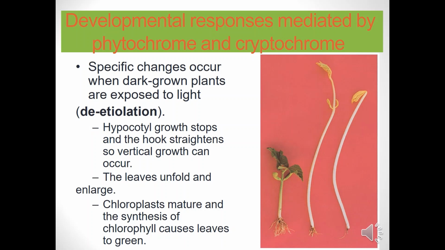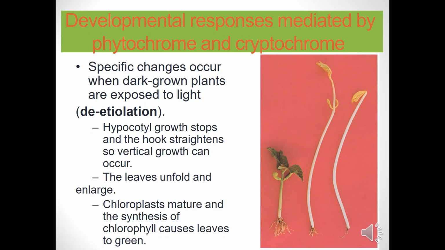So we can see specific changes that occur to that etiolated plant. The changes occur in the hypocotyl growth, which will be stopped, and vertical growth can occur.